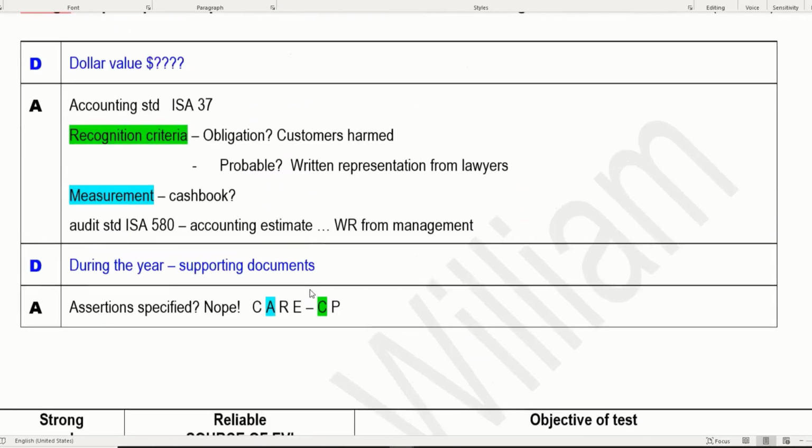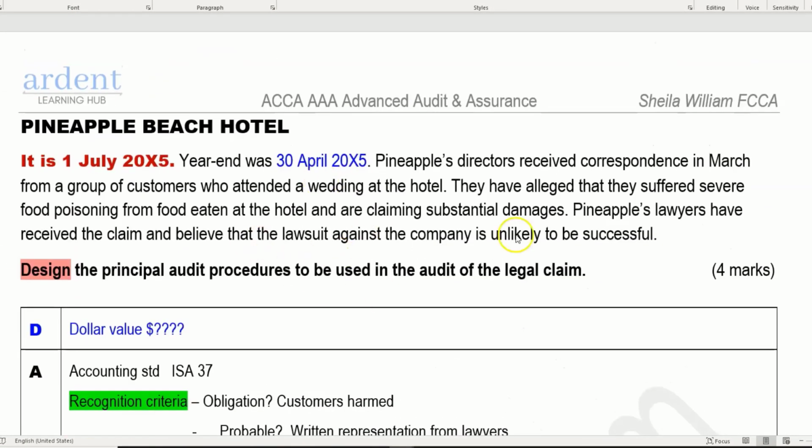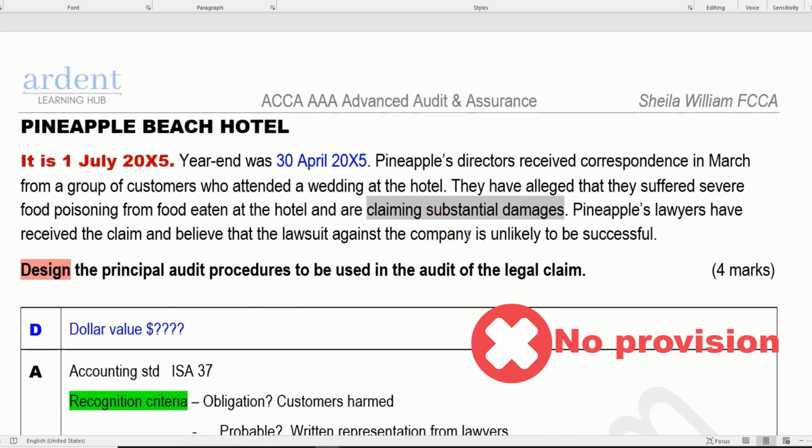So in this particular scenario here, it does not say anything about the amount. The correspondence from the group of customers only said that they have suffered food poisoning and that they are claiming substantial damages, but we've got no idea what the substantial damages are. At this stage, we cannot make a provision for the substantial damages because the lawyers are saying that it is unlikely to be successful. So if it is unlikely to be successful, there will be no provision, right?